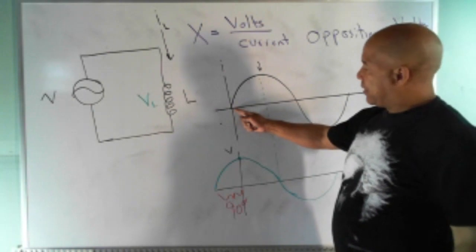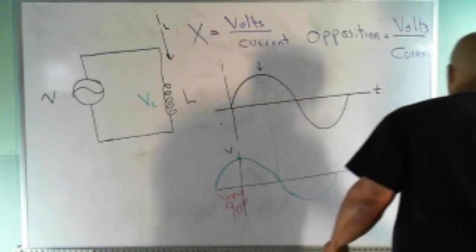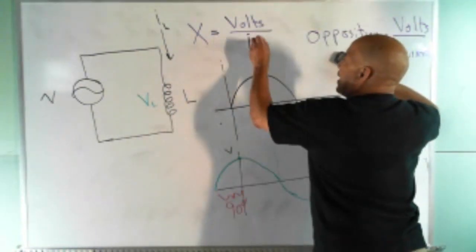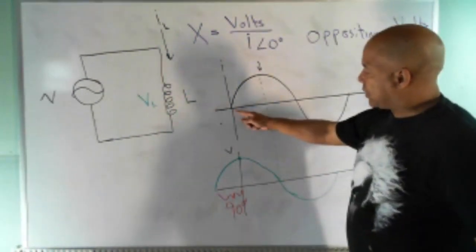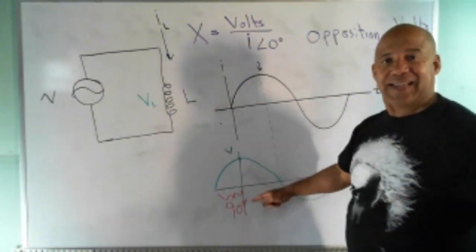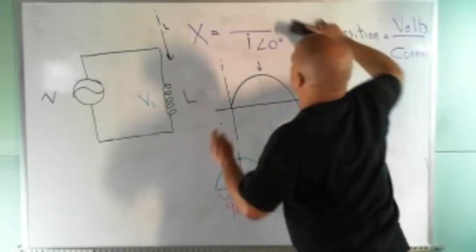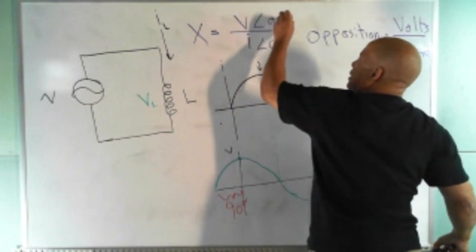If I look right here at T0 and T0, my current is at 0 degrees, so I can write it like this. This is I at an angle of 0 degrees. And while my current is at 0 degrees, look at my voltage. My voltage is at 90 degrees. So when I divide this into volts, my volts is at an angle of 90 degrees.